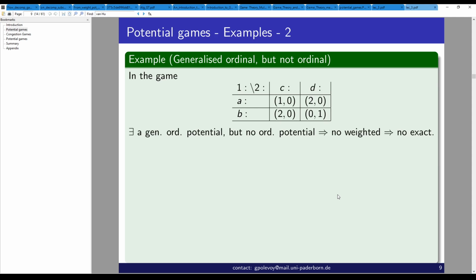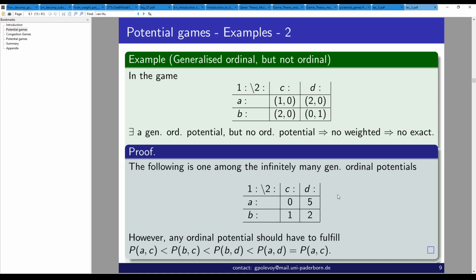Now, why? First of all, there exists a generalized ordinal potential, because this is, for example, a generalized ordinal potential. You can check that every time only one player deviates and her utility strictly increases, the value of this function defined by this table also strictly increases.